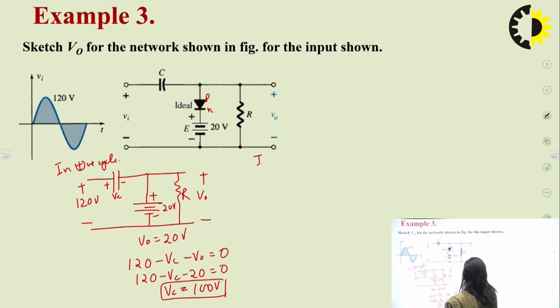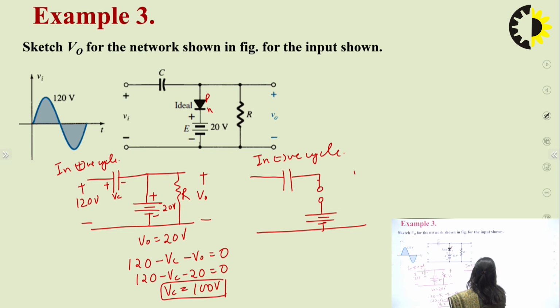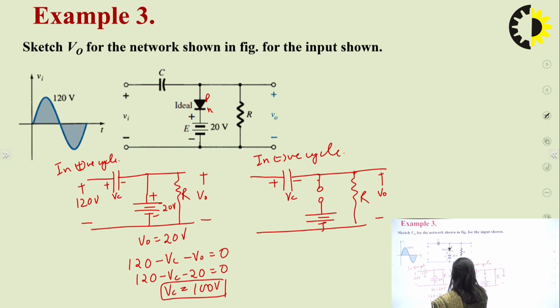Now in the negative half cycle, the diode will be in open circuit now. Now this resistance will be there. The capacitor is plus minus Vc, and this was minus, this was plus 120 volt.